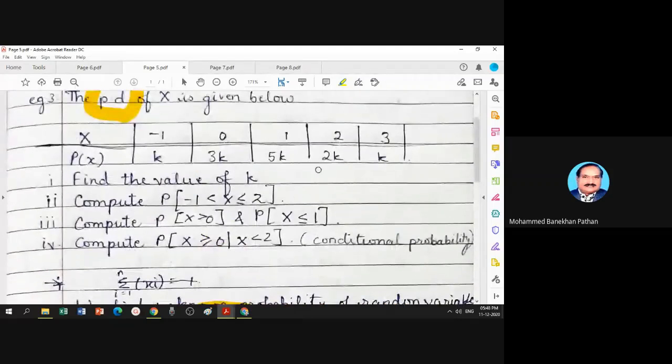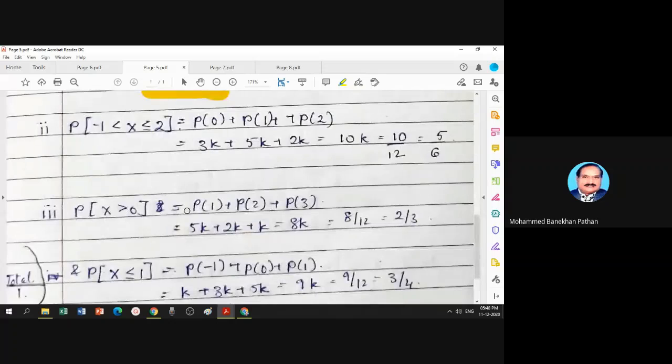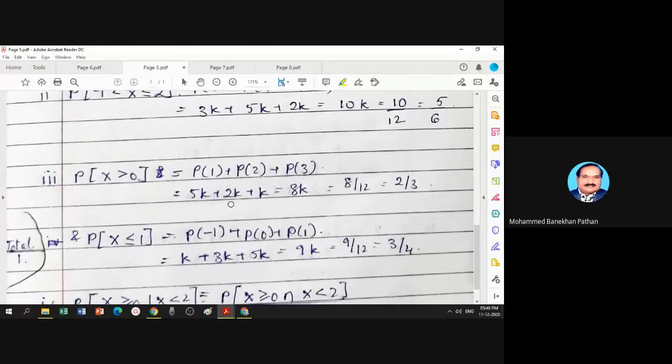Because my table takes maximum value 3 and minimum value minus 1. So I have to stop at 3. That is why P(X greater than 0) is probability 1 plus probability 2 plus probability 3. Put the corresponding probabilities from the given table, replace the value of k and simplify.